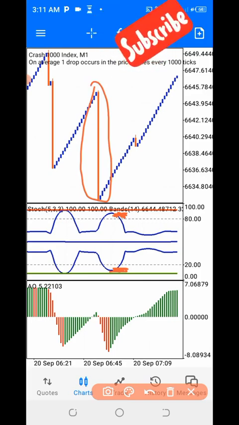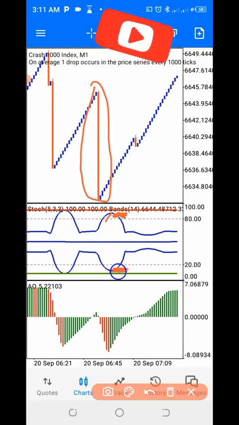So once you have a spike like this, and our Bollinger Band opens up like this, with whichever way you want to open up, it must touch. Since this is a scalping strategy, that means on Crash 1000 we're actually going to be buying, right?